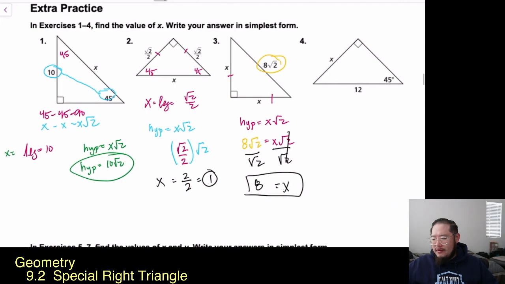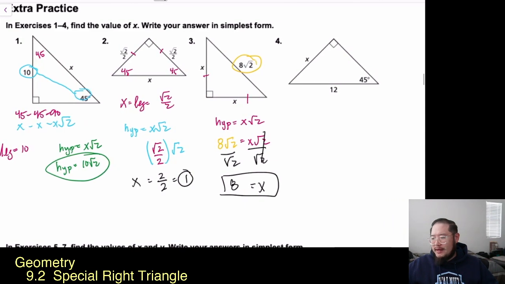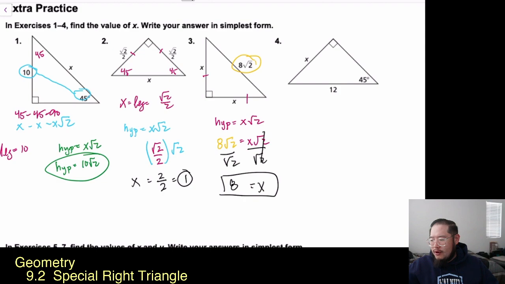Just when you think, hey, we've gone over plenty of examples right here, there's one more twist that they like to throw at you. Let's take a look at number 4. So number 4 is pretty similar to number 3. Remember, we have 45, 45, 90.